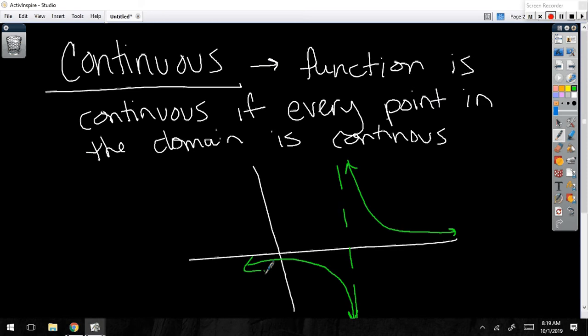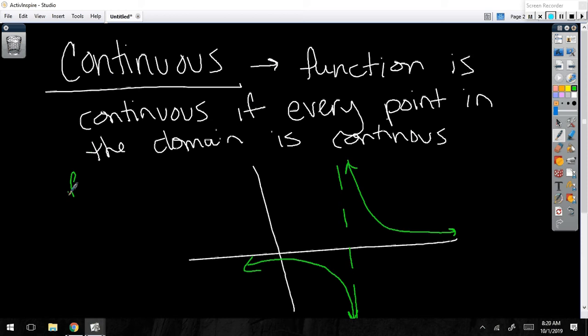Okay? And I said, is that function continuous? You would probably say, well, it has an infinite discontinuity. Go ahead, you can sharpen your pencil. And I would say, okay, let's not think about infinite. Let's think about the definition of continuous. Is every point in the domain continuous?